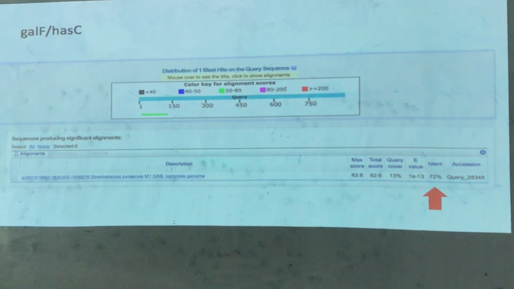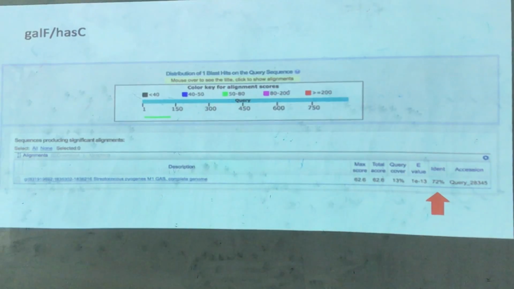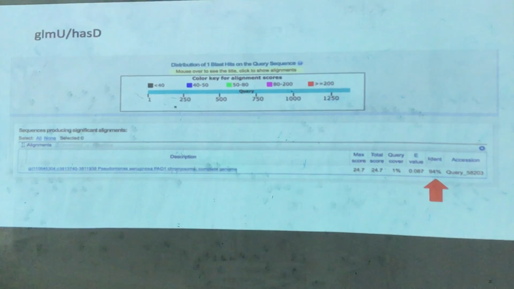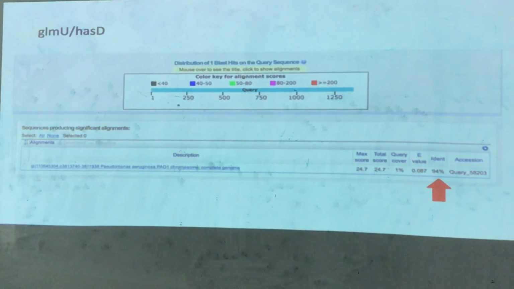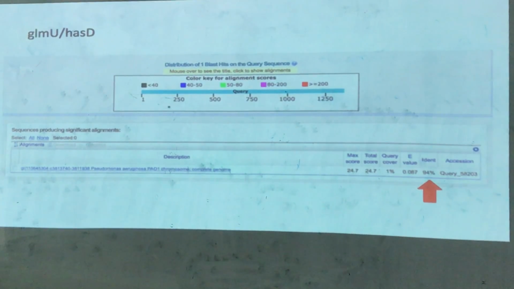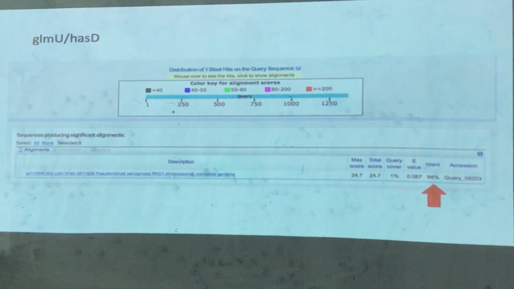The next one is galF and hasC, for the second essential enzyme, and it has 72% of match. And finally, the third one is glmU and hasD, and that has 94% of match. So all 3 have more than 50% of match between the gene from Streptococcus and Escherichia coli.